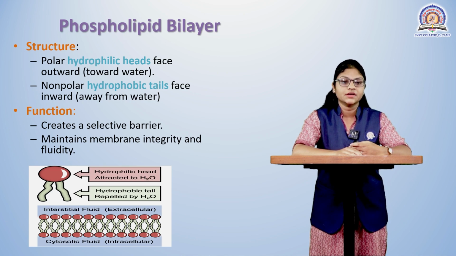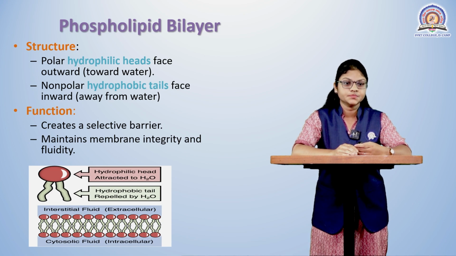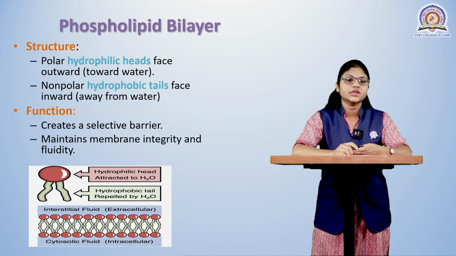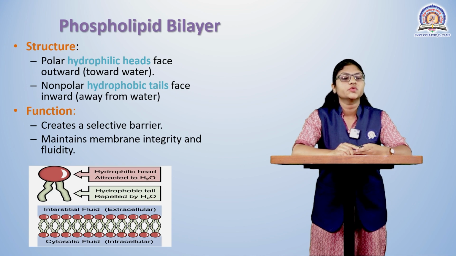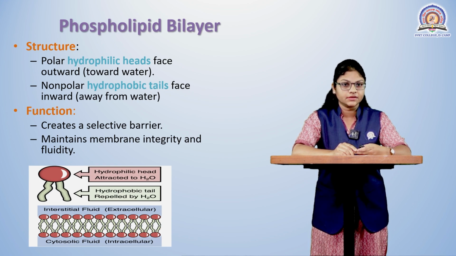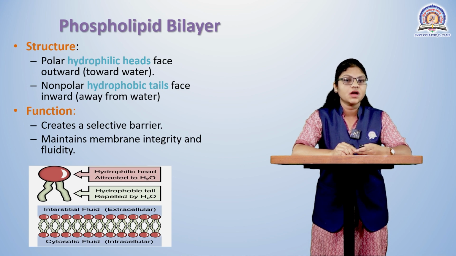As we discussed earlier, it has two layers in which the phospholipid has two structures. One is the head and there are two tails. The head, which is polar or hydrophilic, faces outward of the layer and makes a bond with water. The second one is the hydrophobic tail.